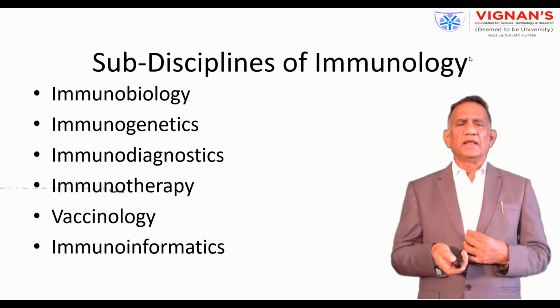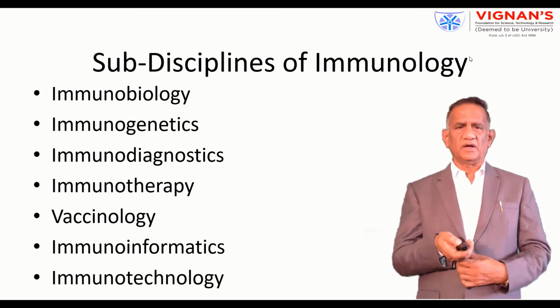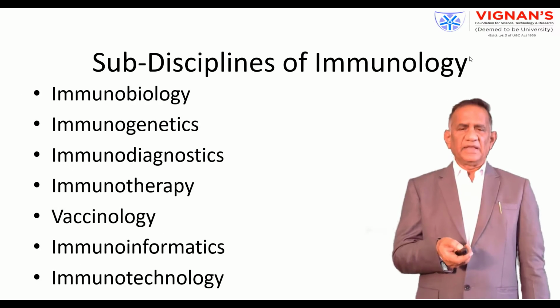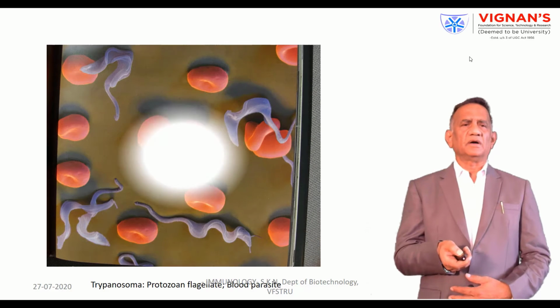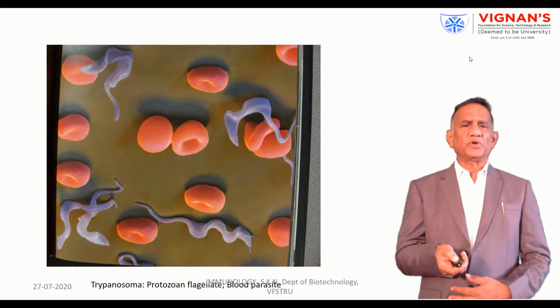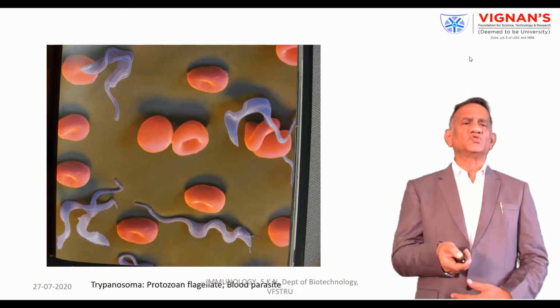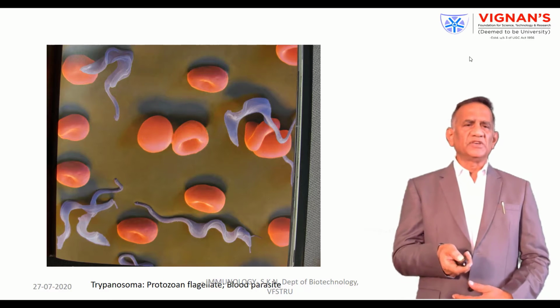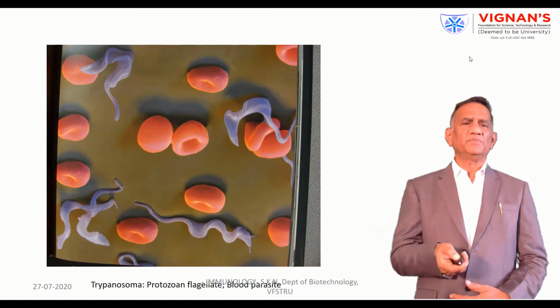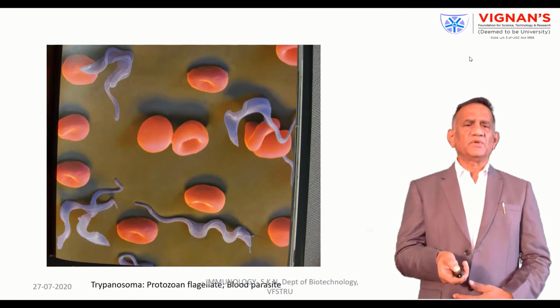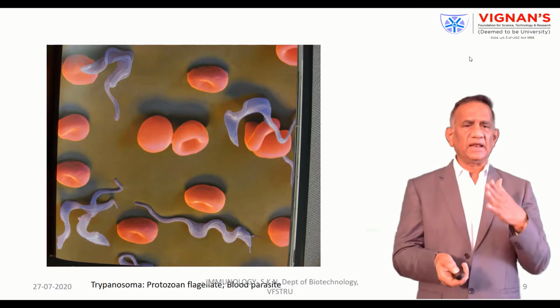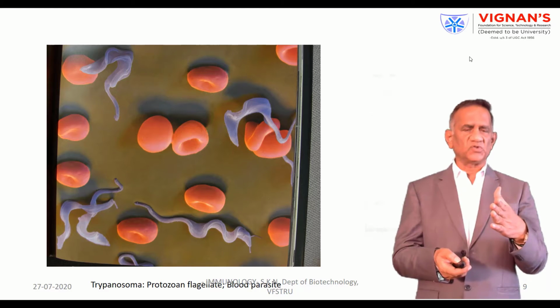Now, just for the sake of understanding a pathogen, in our blood we have a particular type of protozoan flagellate called Trypanosoma. The Trypanosoma moves along with our RBCs and WBCs in our blood, and till now we do not have a vaccine for it.